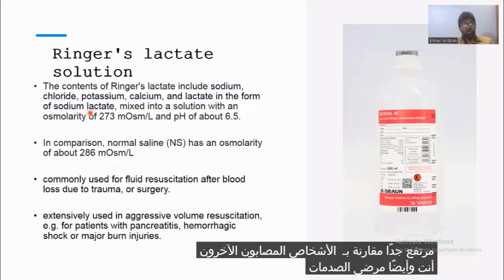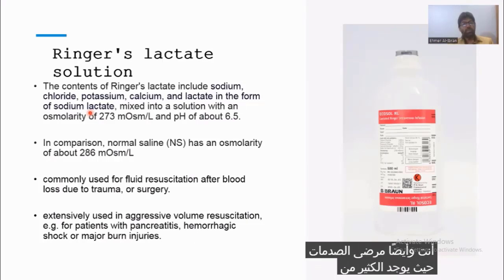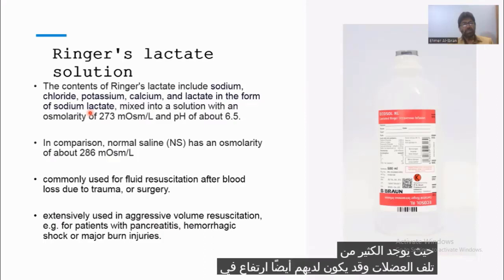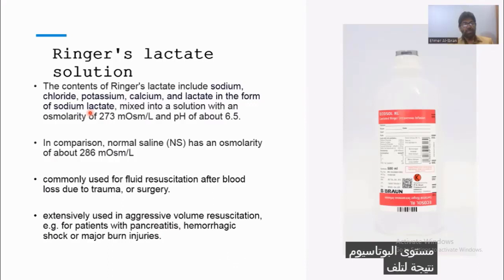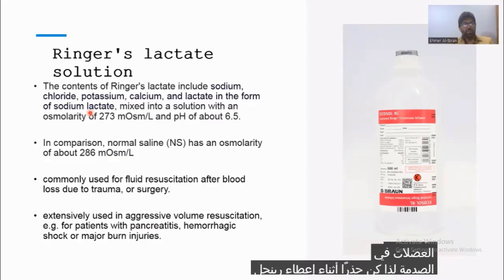And also in trauma patients where there is a lot of muscle damage, they may also have raised potassium level as a result of damage of the muscles in the trauma. So be careful while giving ringer lactate.